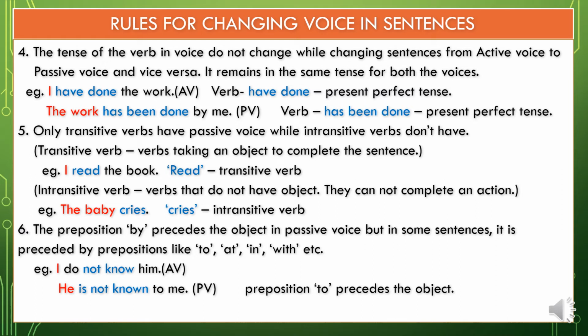So, again, has been done by me. Again, it is in what? Present perfect tense. So, remember this, that when we change the verb from active to passive, or passive to active, the verb will not change its tense. It will remain in the same tense.